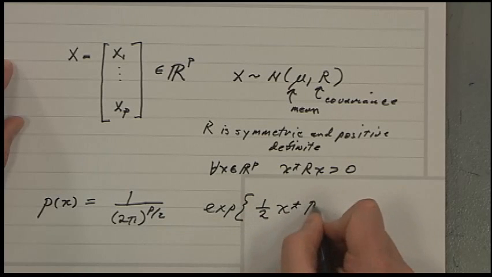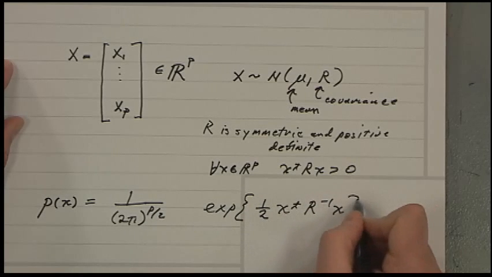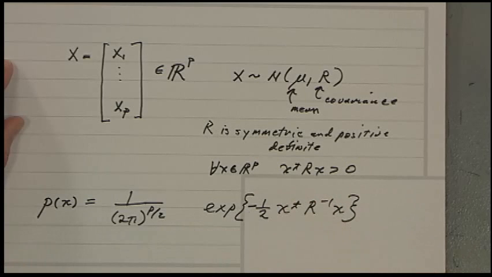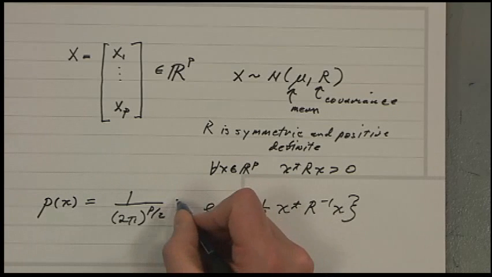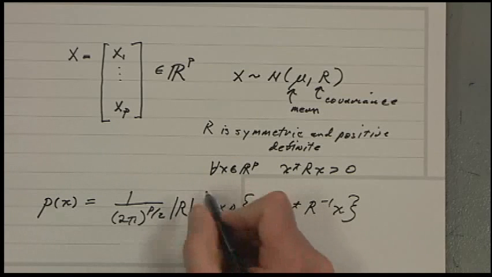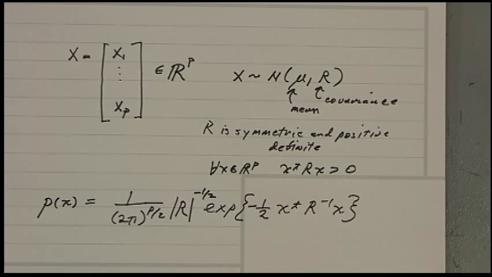This is just like the 1/2 that you have in a Gaussian density, and R inverse here plays the role of 1 over sigma squared. So R is like sigma squared in the case when P equals 1, right? And then we also have to normalize this, so this becomes determinant of R to the minus 1/2. So that's a multivariate Gaussian distribution.